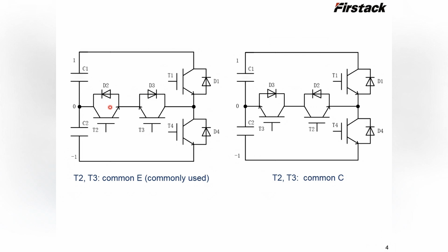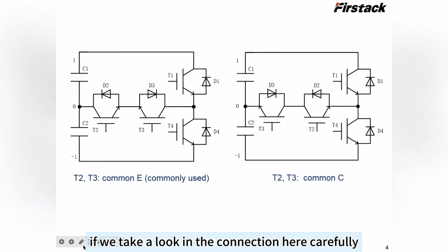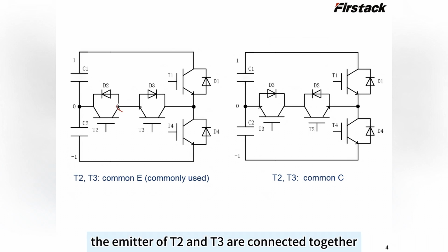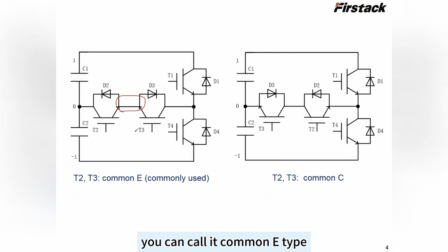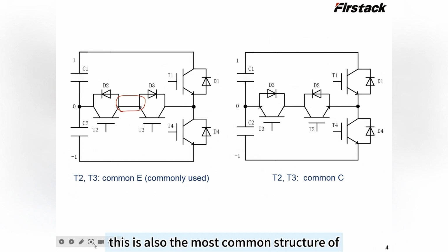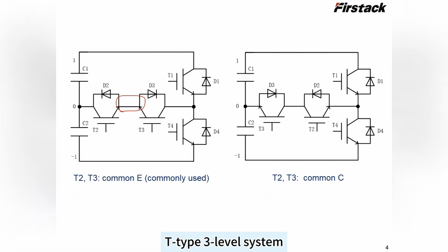If we look at the connection carefully, the emitters of T2 and T3 are connected together. You can call it common-E type. This is also the most common structure of T-type three-level system.